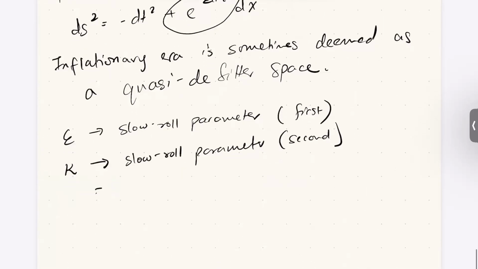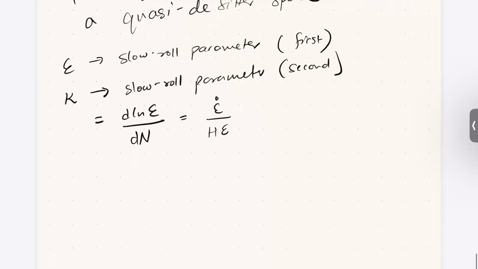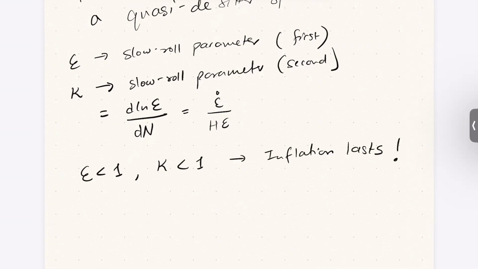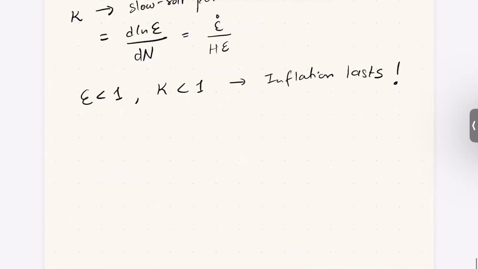So kappa, in its definition, looks something like this, which tracks the evolution of epsilon. And I can write it as the following. Okay. So we understand that as long as epsilon is less than 1 and kappa is less than 1, then inflation lasts. And that is the condition we need.